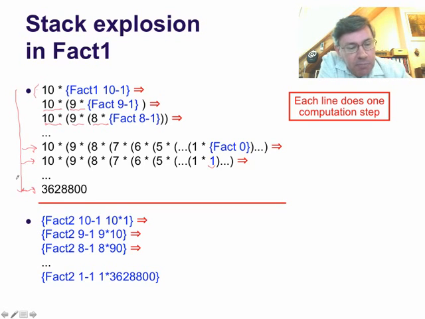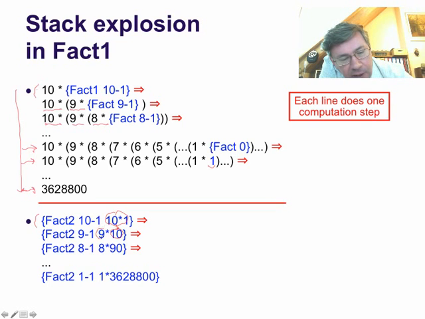Now let's take a look at fact 2. Fact 2 starts with fact 2 of 10 minus 1 and 10 times 1, the accumulator. In the next function body, we have fact 2 of 9 minus 1, and this 10 times 1 becomes the 10. So we have 9 times 10.